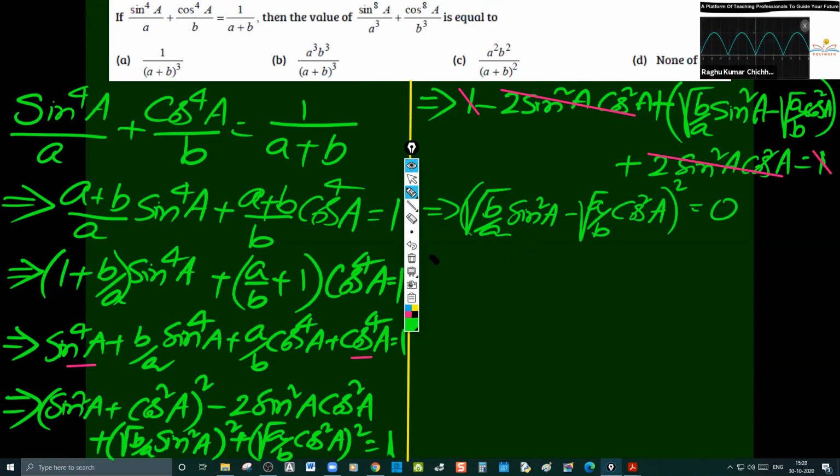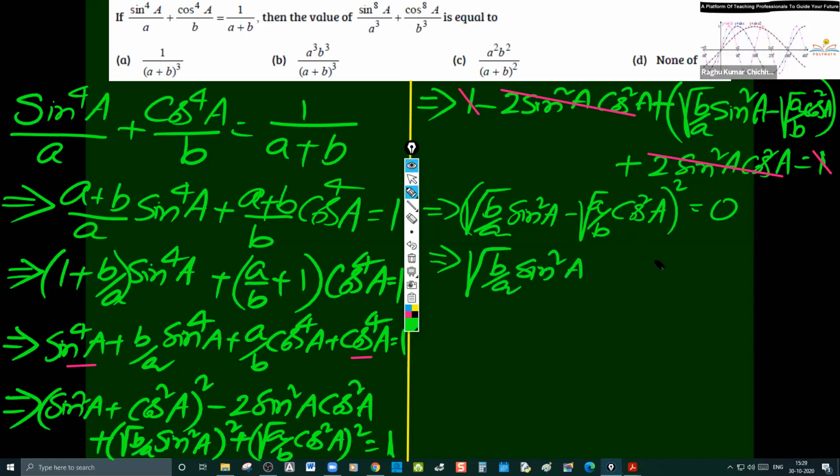Correct or not? Yes, sir. Now let us take square root on both sides and let us rearrange it. Root B by A sine square A is equal to root A by B cos square A.